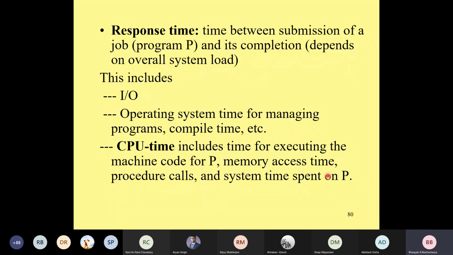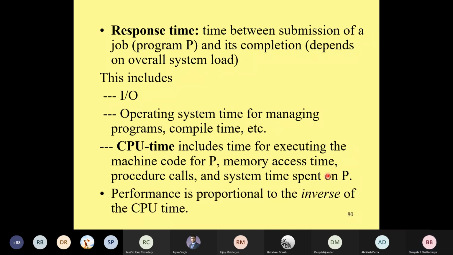So we are concerned now. We will try to find out, can you write down a formula or an equation that would express CPU time in terms of some fundamental things? Response time is CPU time plus some additional time needed by operating system, input, output, and so on. In CPU time, we do not include that.